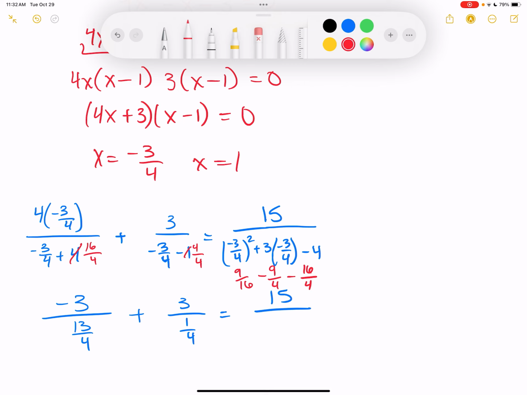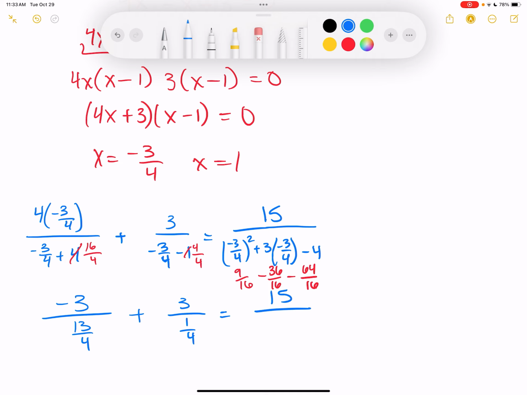Wait. I need this over 16. Nine over 4. I need to get that multiplied by 4. So 16, 36, I think. Yeah. So then I get, I don't know.